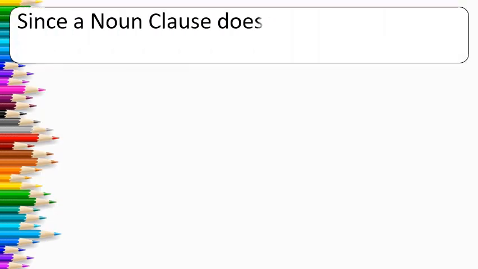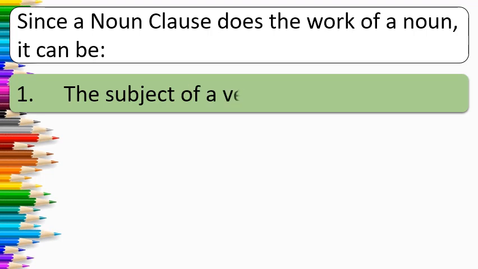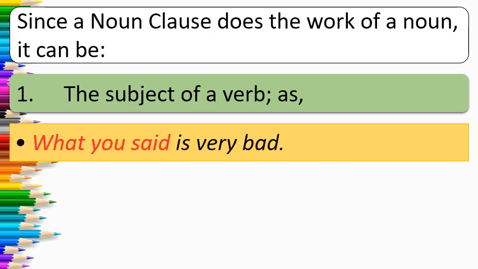Since a noun clause does the work of a noun, it can be the subject of a verb. How can it be the subject of a verb? Let us see an example to clarify it. What you said is very bad. To make a sentence, we need a subject, verb, or an object.